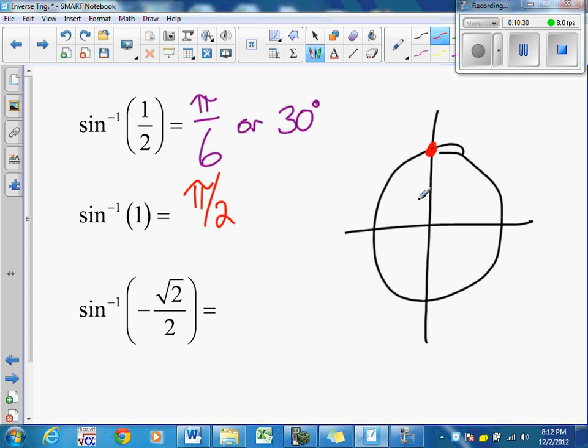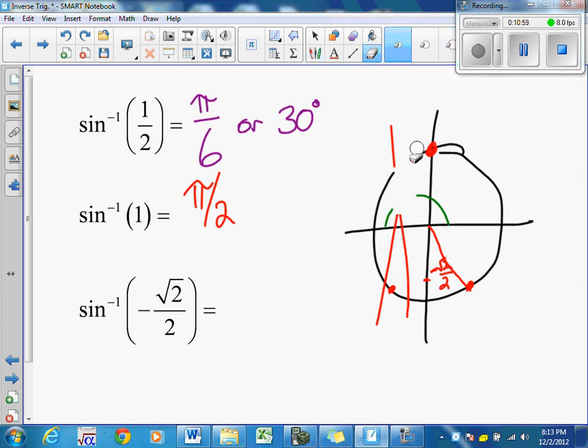Inverse sine of negative square root of 2 over 2. Negative square root of 2 over 2 is right here. Once again, there's two possible angles. We don't use anything on this side of the graph, so my angle has to be right here. But notice our problem. I can't go around this way. I can't go to the left side over here.